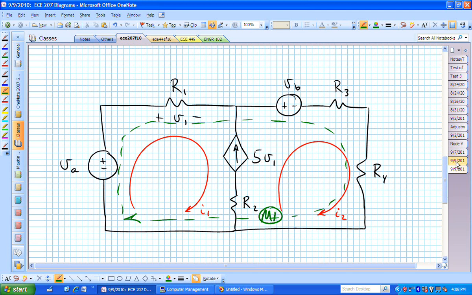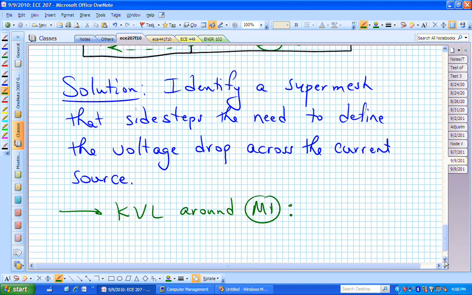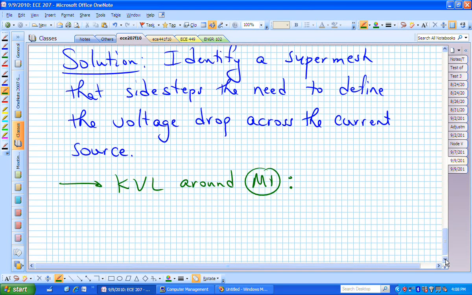So let's go back and write our KVL before we forget it. The KVL now around M sub 1 is going to be minus V sub A plus R sub 1, I sub 1 plus V sub B. Again, we have two voltage sources. We could have two, we could have three. It doesn't really matter. We just have to keep track of those.